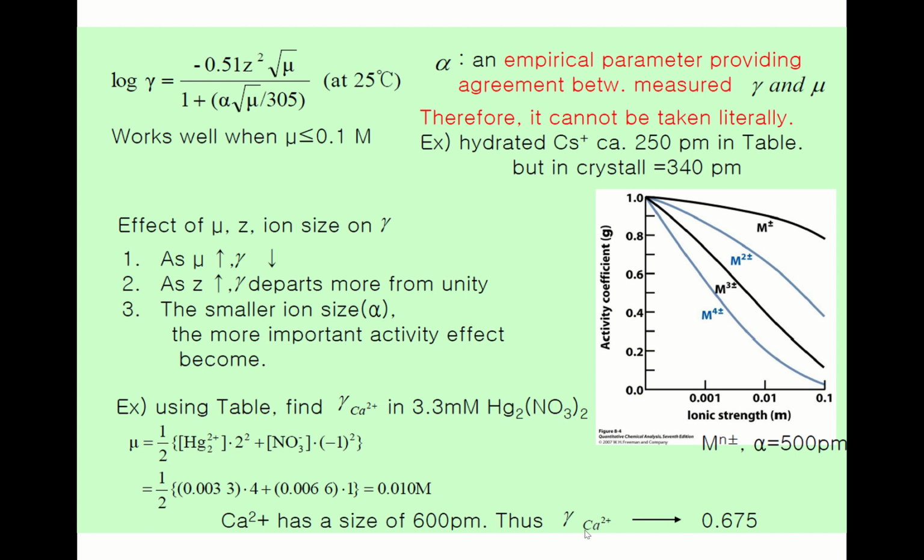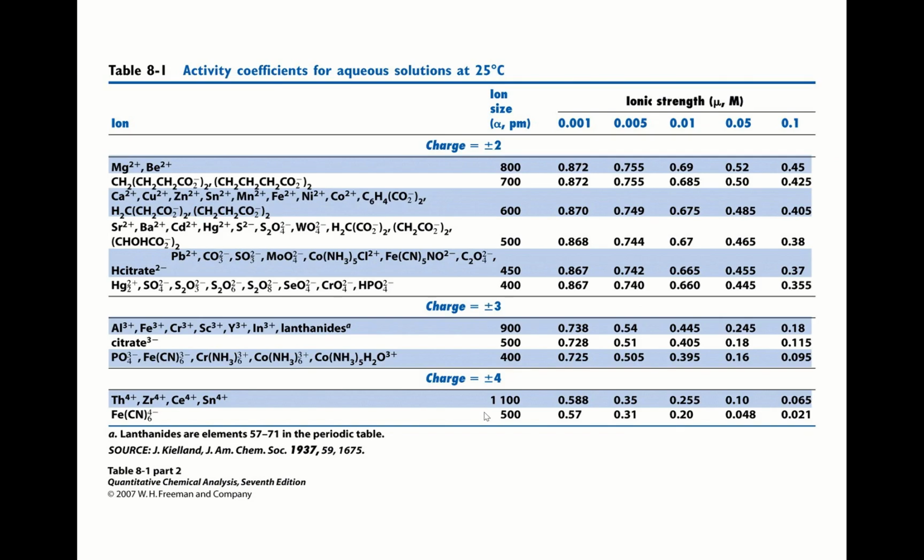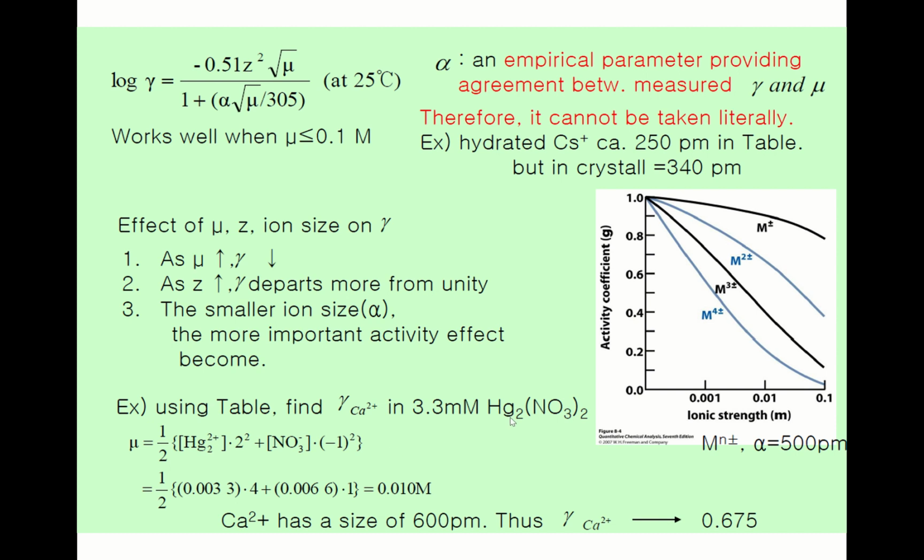The question is the activity coefficient of the calcium ion. The ionic strength is 0.01 molar, so from the table you look at calcium and ionic strength 0.01, and you find the value 0.675. This is the activity coefficient for calcium in this solution.